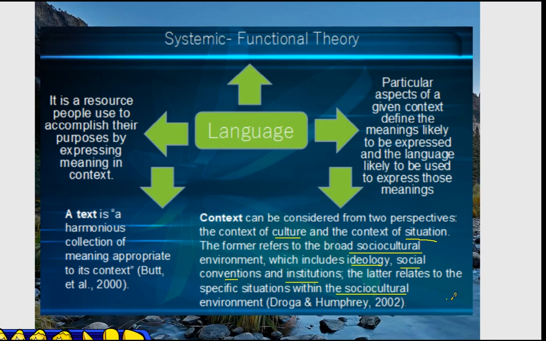That's why it's called systemic functional theory. Now, the word text, you'll see how we use it, is a harmonious collection of meaning appropriate to its context. And language is a resource people use to accomplish their purposes by expressing meaning in context. So as you see, the word meaning has a lot of importance inside the systemic functional theory.